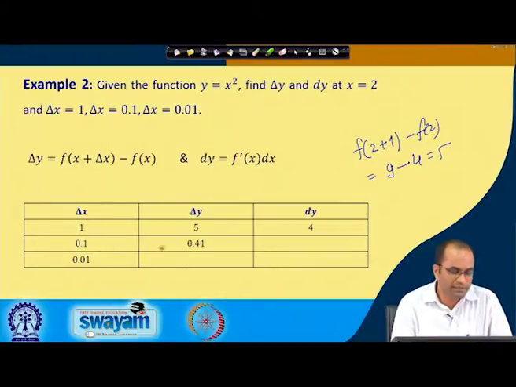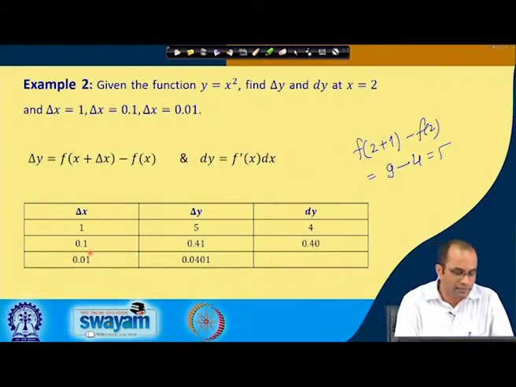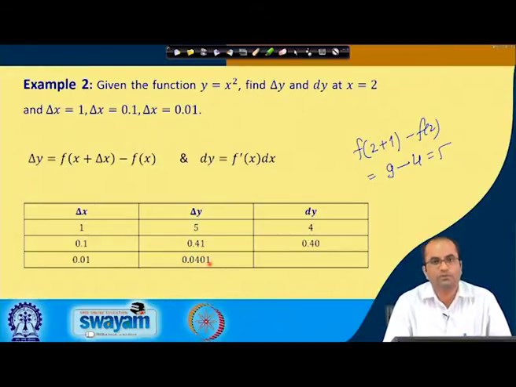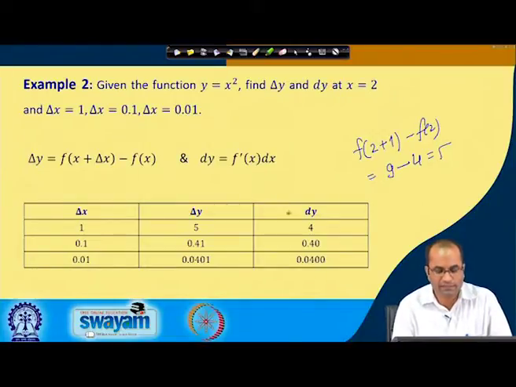Similarly, while taking Δx as 0.1, we will get Δy as 0.41 and dy will be 0.40, and while taking a smaller Δx, we will get Δy as 0.0401 and here we will get 0.0400. So in this case what we have observed is that when Δx is large, obviously Δy and dy are not the same.